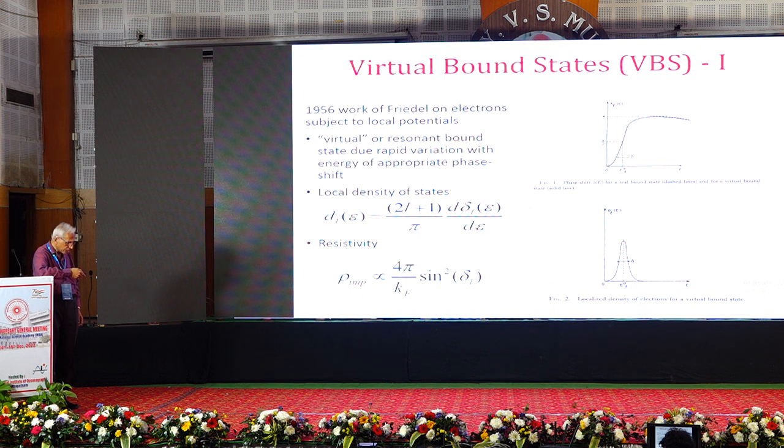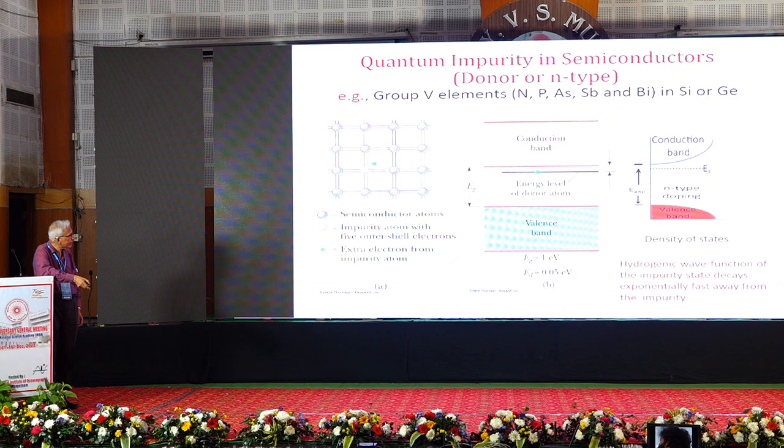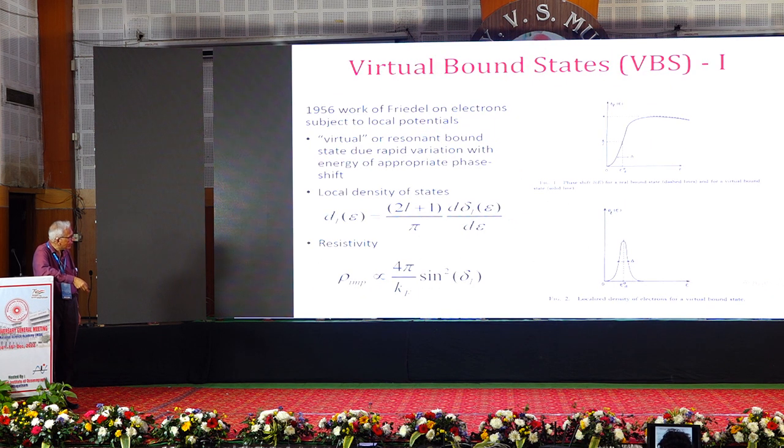And you can talk about a density of states. In the previous slide, I drew a picture of the density of states, and you can see that it is like a delta function at that bound state. But here you'll find a broadened density of states of this impurity level.